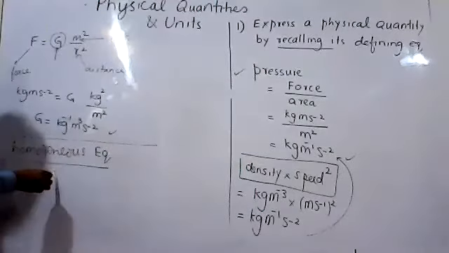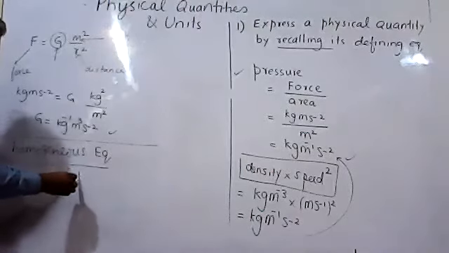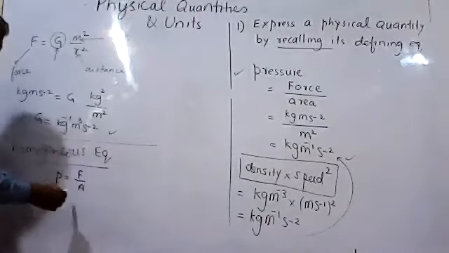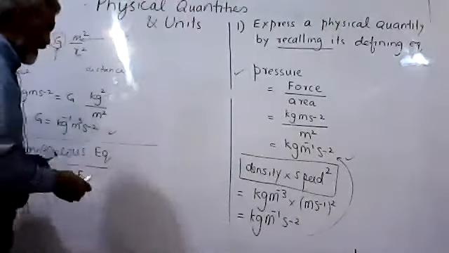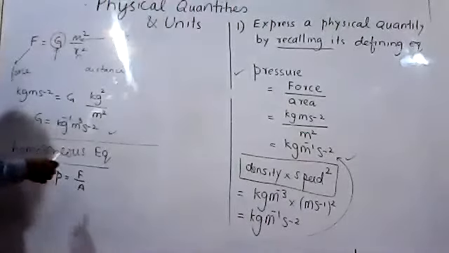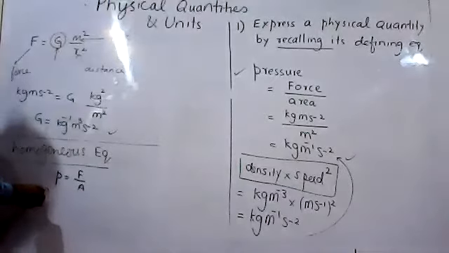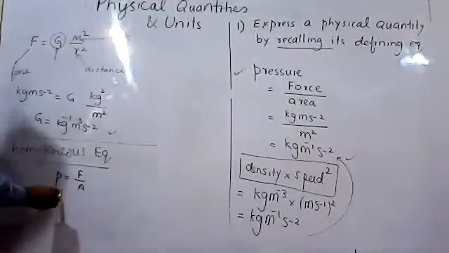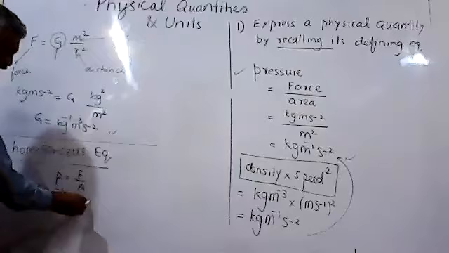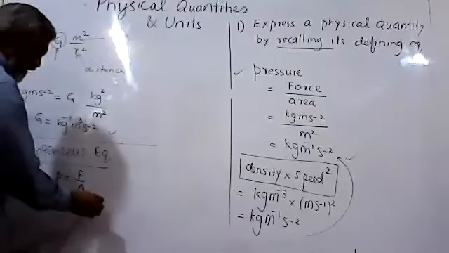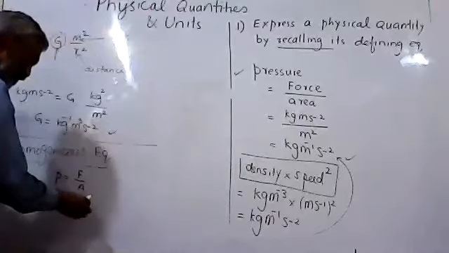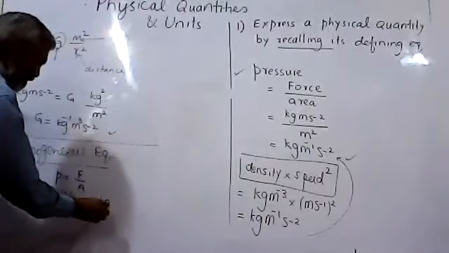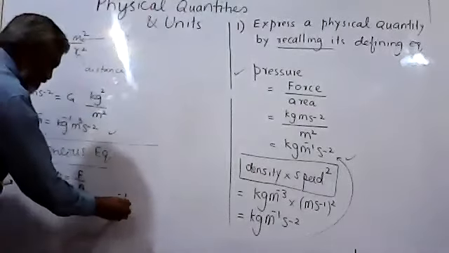For example, if pressure is force over area, the two sides must have the same dimensions in the end when expressed in terms of base quantities. This is kg m to the minus 1 s to the minus 2, and when this is all simplified as I did on that side of the board, this is kilogram m to the minus 1 s to the minus 2.